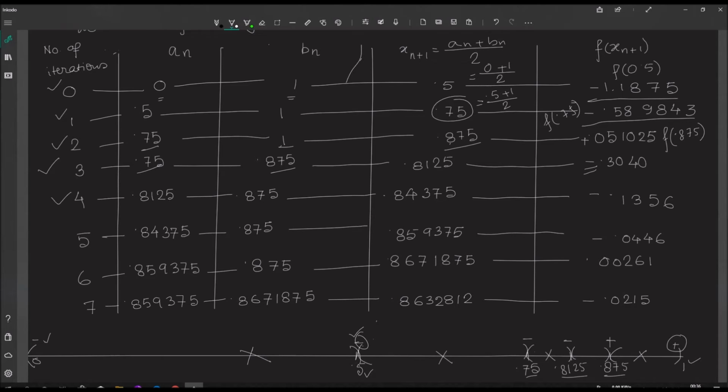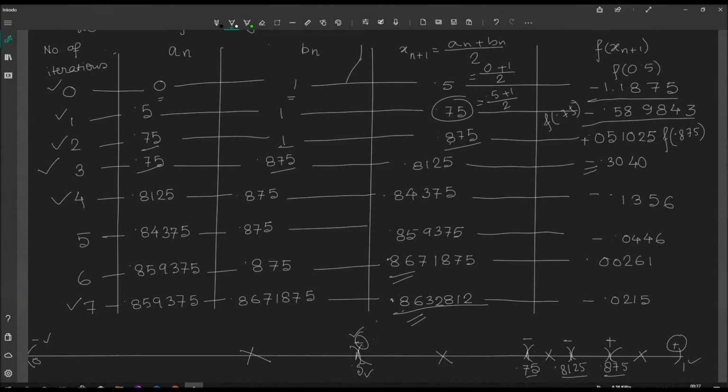In the same way, if we proceed up to the seventh iteration, we can finally get the middle point as 0.8732812. For the sixth iteration we have 0.8671875, and for the seventh iteration 0.8632812.